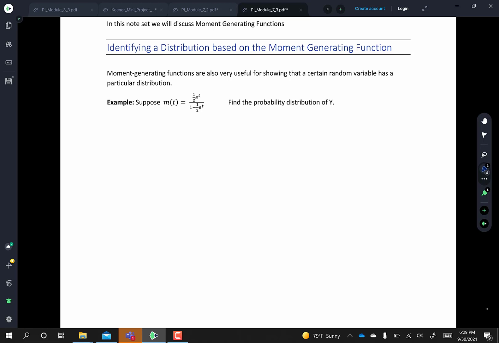If you look at that list of moment generating functions, you want to find one that looks somewhat similar here. You can't find one that looks exactly the same, but you will find the geometric distribution.